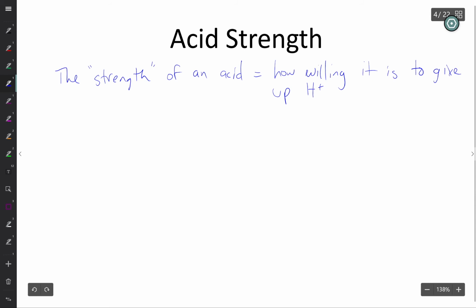So something that doesn't hold on to H plus very tightly is what we call a strong acid. Something that holds on to H plus really tightly, we would say is a very weak acid. So a stronger acid gives away H plus more readily.